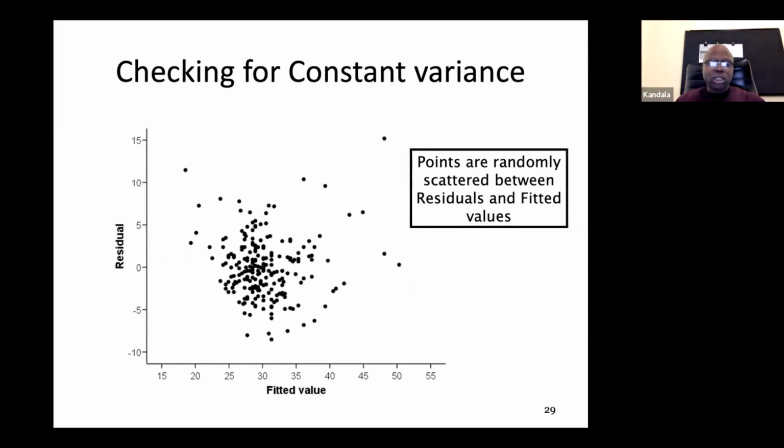In the other plot I showed, you can make a line from negative to positive, basing on 0 here, and see the distance between 0 and here, and the distance between 0 and minus here. Although there are some deviations, most of the points are concentrated in this area, so we can safely say that the variance is constant.